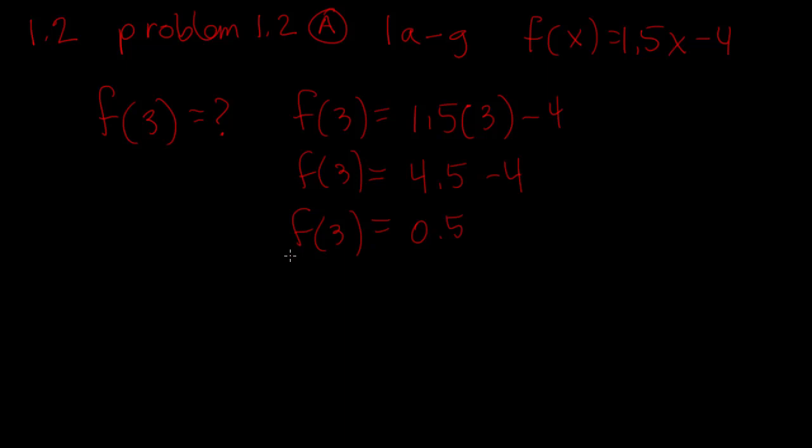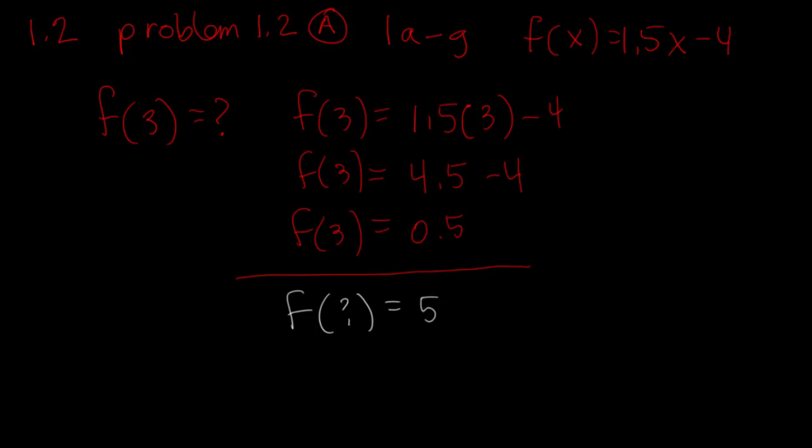Again, at this point, the only thing that's new should be using this function notation. So item B, which we just finished, item C, same thing, you just have a negative number. Item D, however, we say f of what is equal to 5.